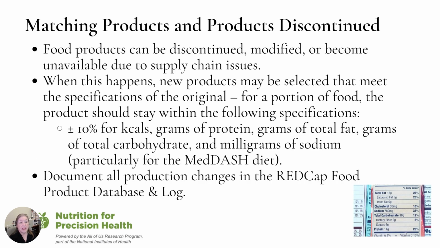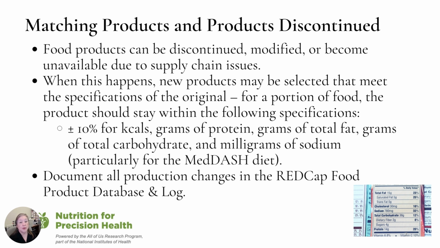In terms of matching products and looking at what products are discontinued, we know that this happens because a product could be unavailable due to supply chain issues, some of which we realized occurred in the recent pandemic.